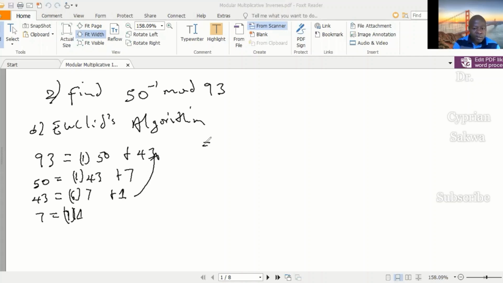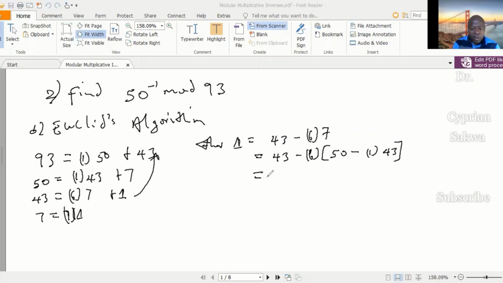We write thus: 1 equals 43 minus 6 multiplied by 7. So just reversing. And then what is 7? 7 is 50 minus 1 multiplied by 43.